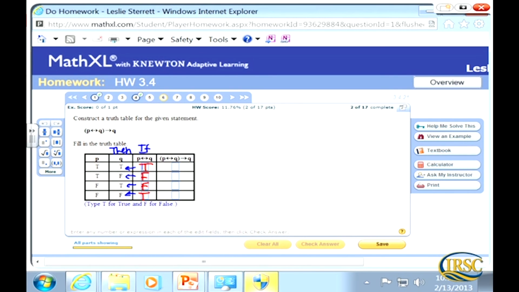And the only time an if-then statement is false, if true, then false. Good. So the first row, if true, then true, true. If false, then false, true. If false, then true, true. And if true, then false, false. So any questions on this one?